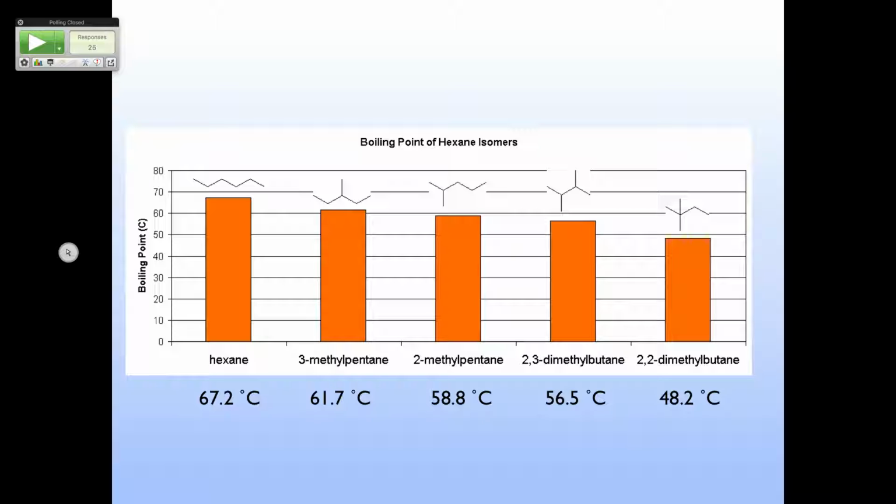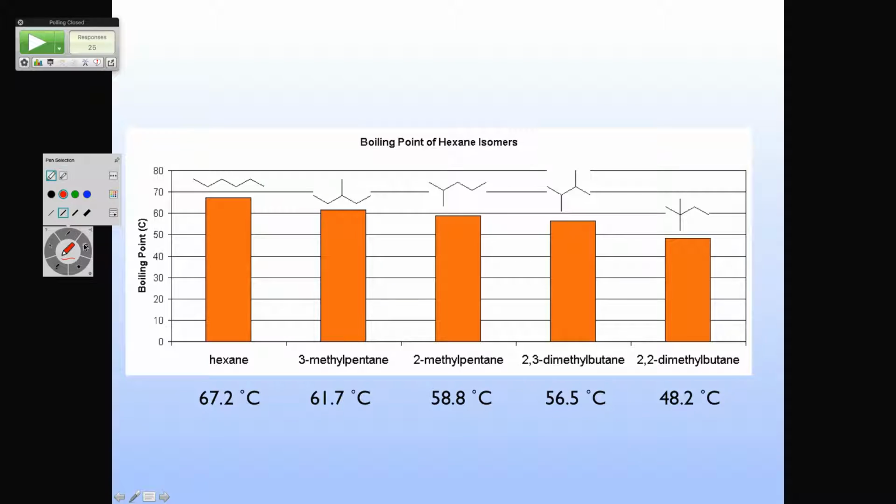Notice that it has the largest boiling point, the highest one, 67.2. And over here is this compound. Can you see them? Do you have the whole chart? I worried that they were kind of hard to see.